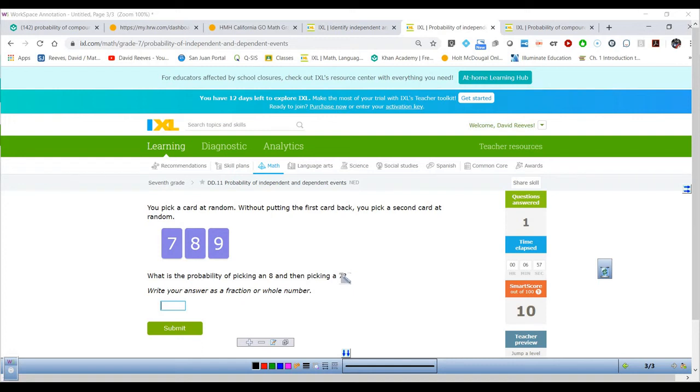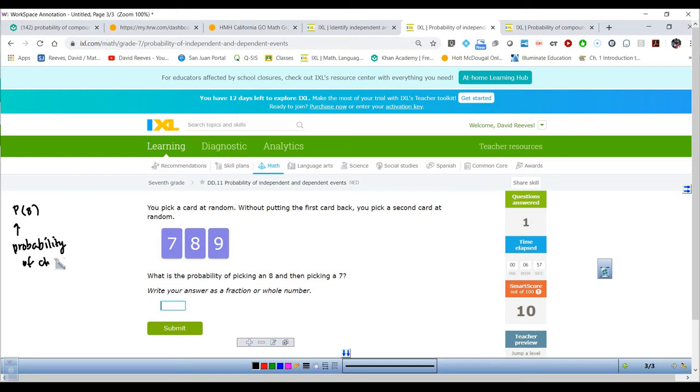All right, so if we picked an 8 the first time, let me just ask you, what is the probability? And by the way, I hope you've seen this symbol. This means right here, the probability. Hey, I spelled it right the first time.